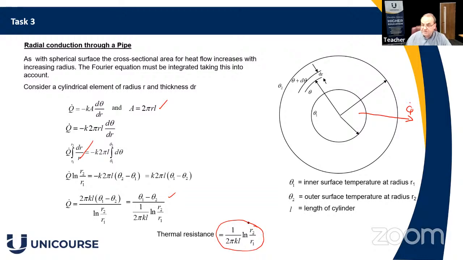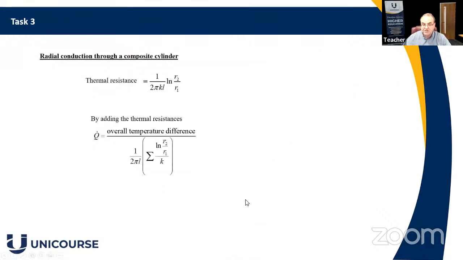So now what we've got to do is think about this situation if we have a composite pipe, which is a copper pipe with some insulation on it. Just before we do that, we'll put this equation in its general form. We've established the thermal resistance from the previous slide, so we can add the thermal resistances.